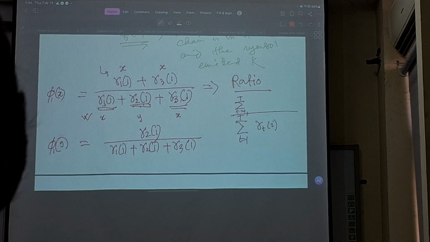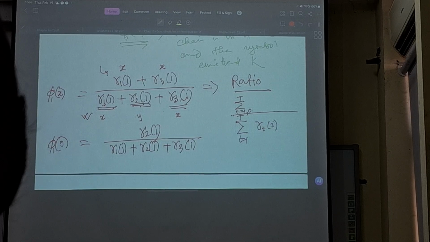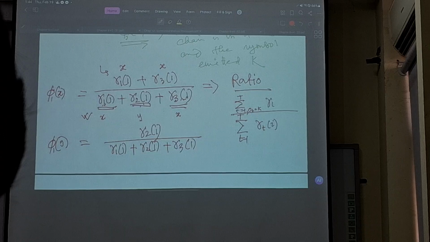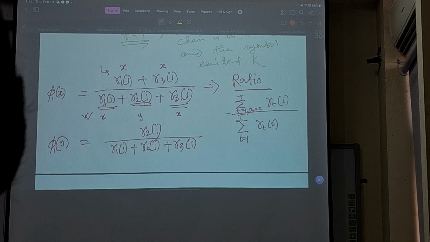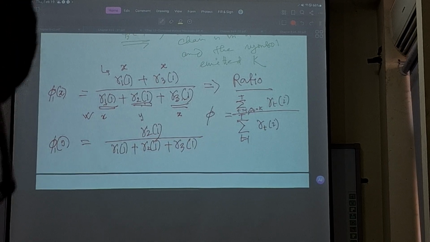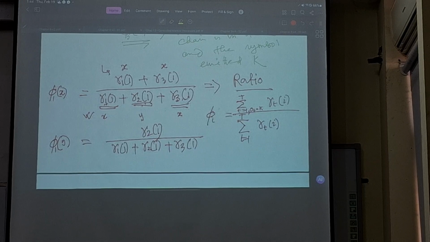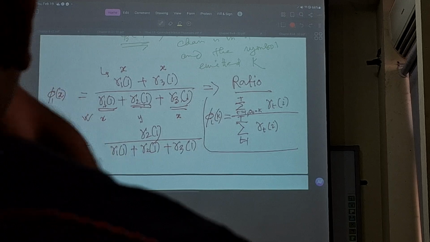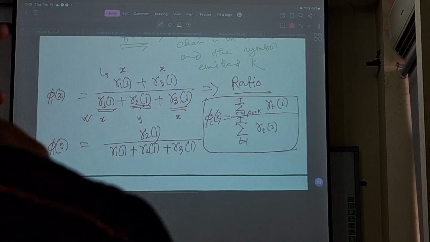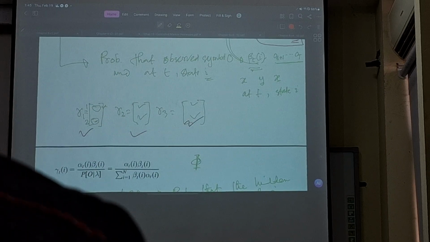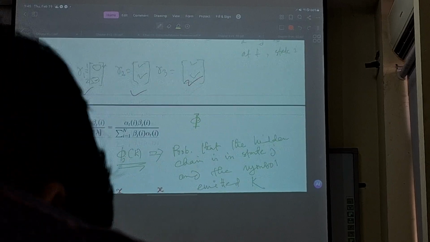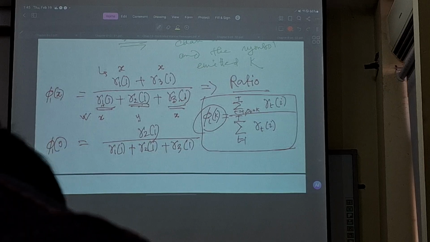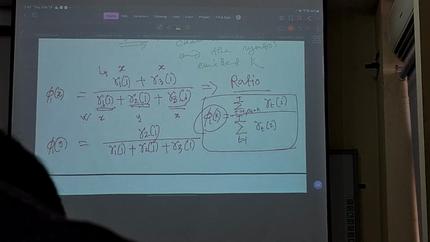What is the condition? That the symbol emitted at time t is equal to k. Then gamma t i, this represents phi i k. So this equation is giving us, once we have calculated these gamma vectors, then we can calculate this. Are we with this one?